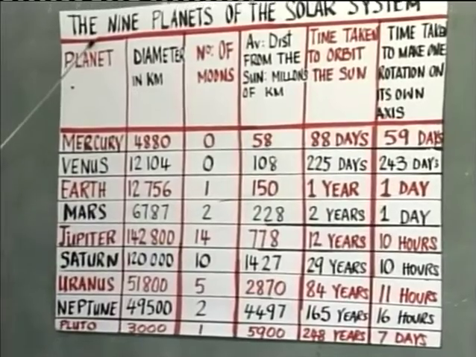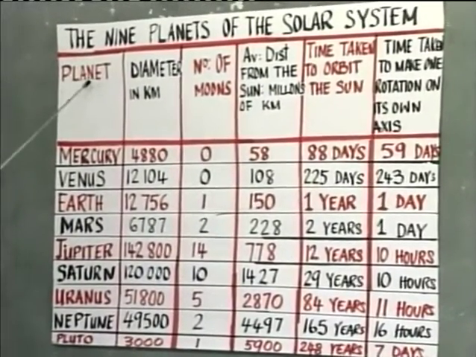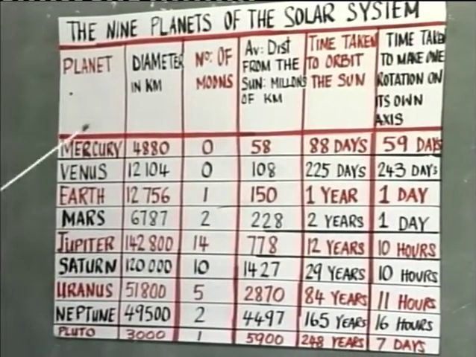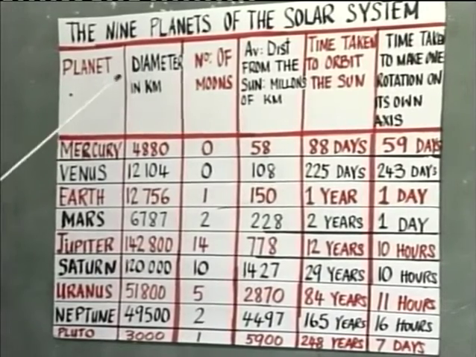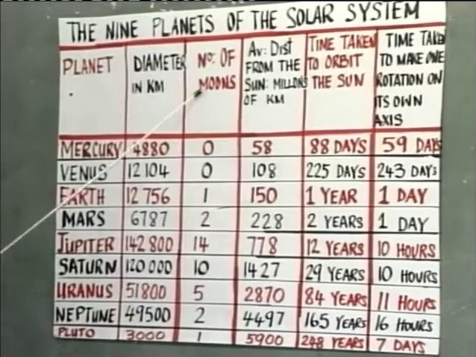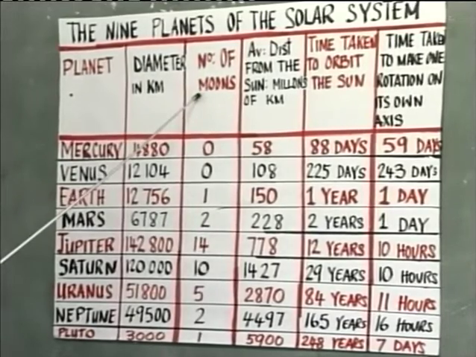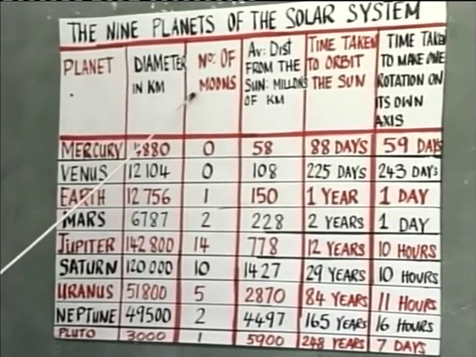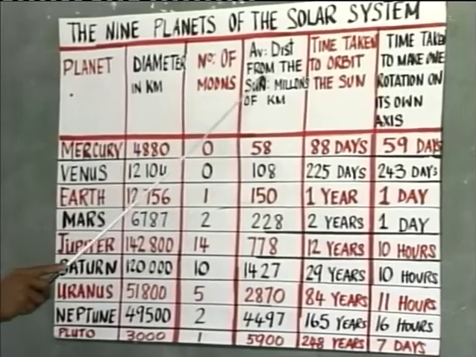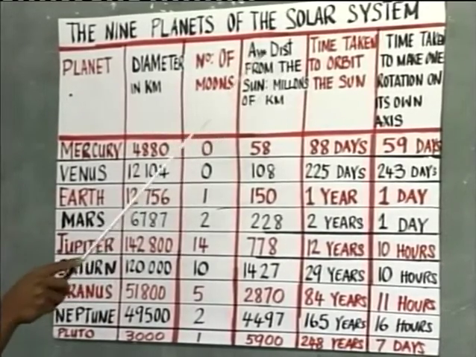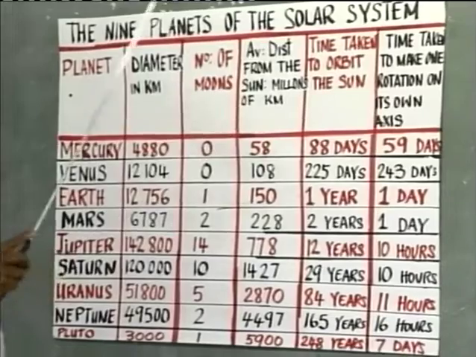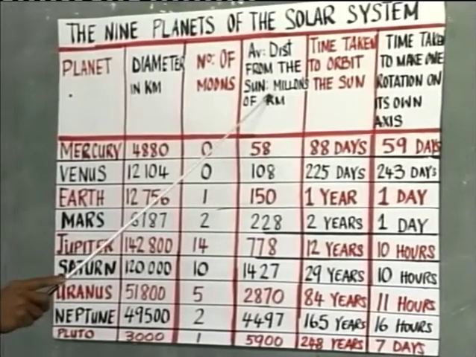So here we have the 9 planets of our solar system in this particular column. The second column generally gives us information about the diameter of each of those planets in kilometers. The third column tells us the number of moons that each of those 9 planets have. The fourth column gives us information about the average distance from the sun in millions of kilometers.